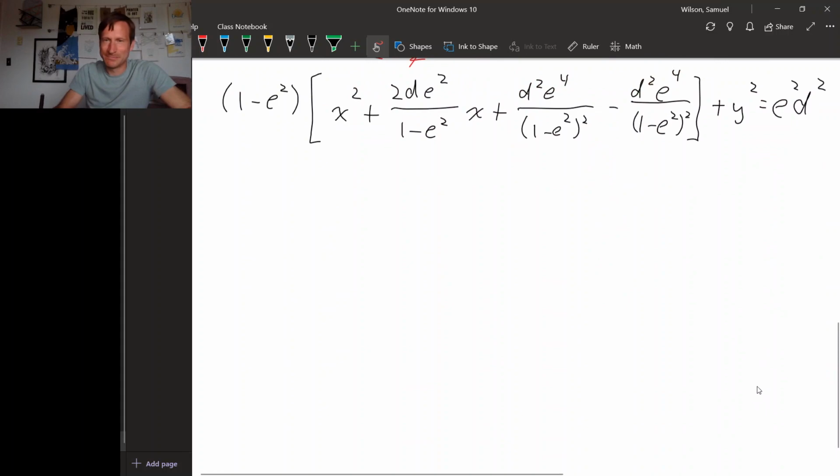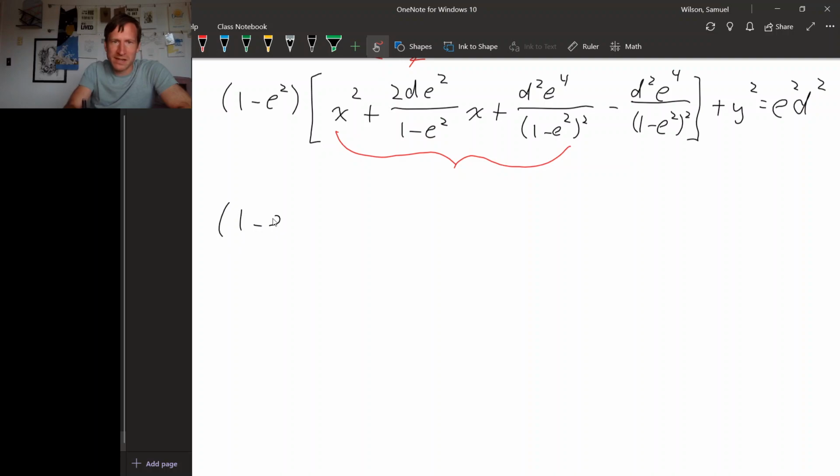Now if we've done our completing the square right, these first three terms inside the brackets ought to be a perfect square. So 1 minus e squared times, so this should be the square of x plus de squared over 1 minus e squared, all squared.